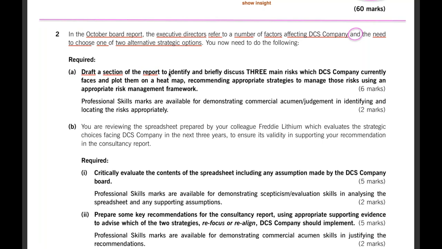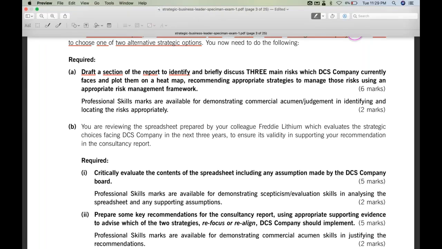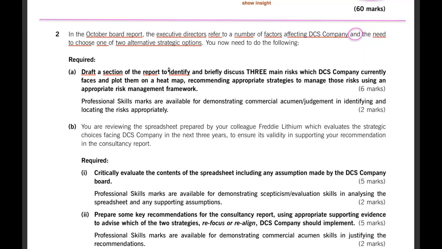And you are supposed to be identifying. So what is this? This is basically your question verb. This is the first question verb. You are supposed to identify. What's the next question verb?